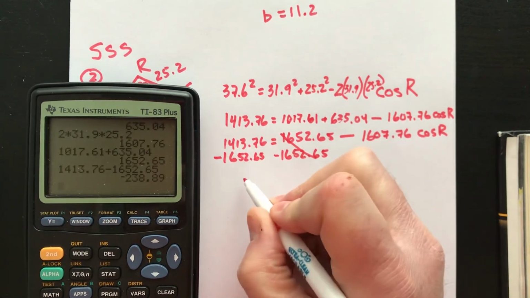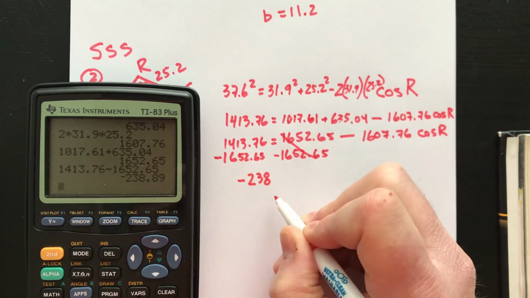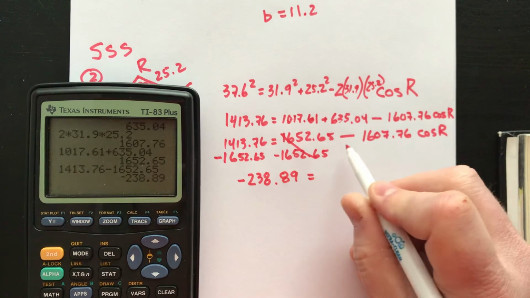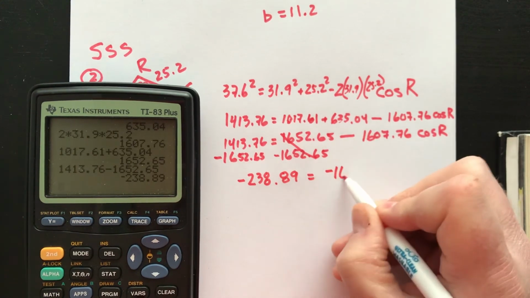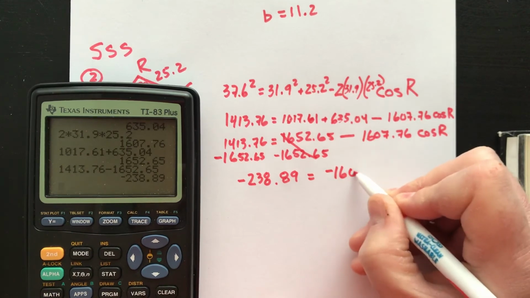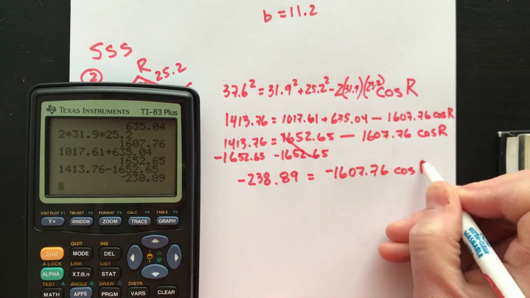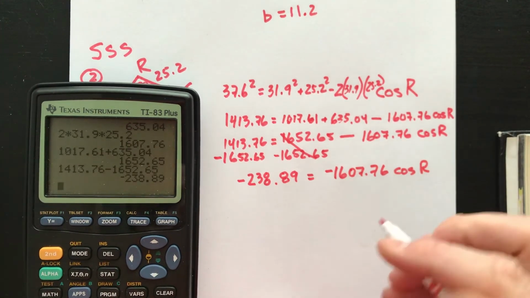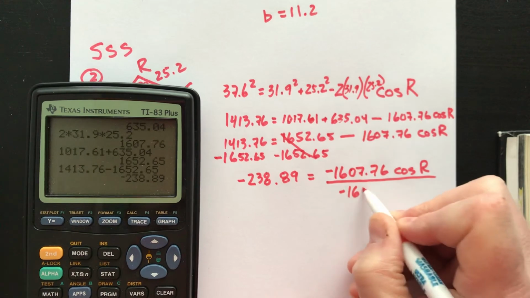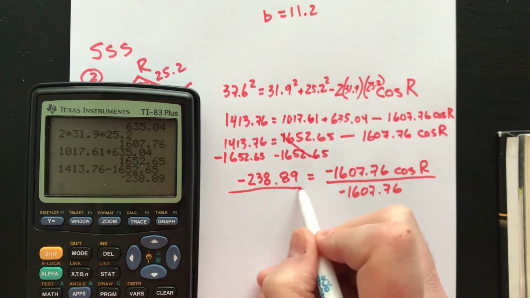I get a negative 238.89 is equal to, I still have a negative, remember the minus stays there, 1607.76 cosine of r. Now I need to divide by negative 1607.76 on both sides.